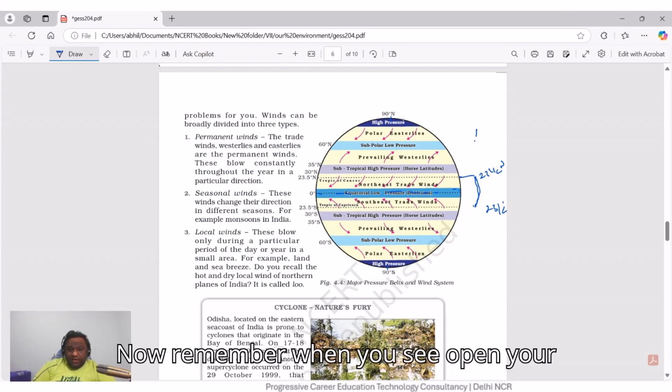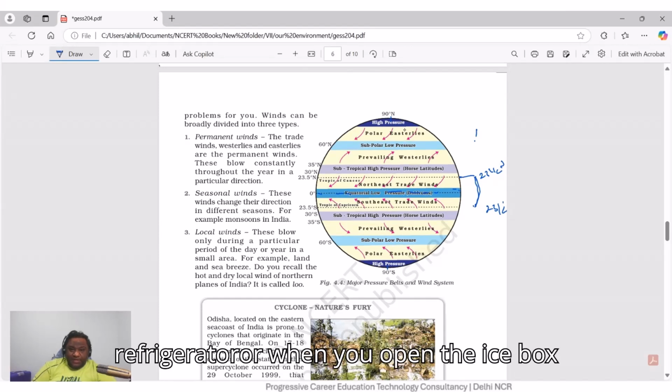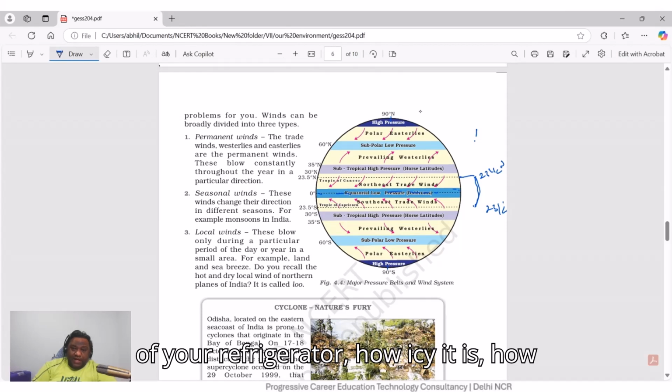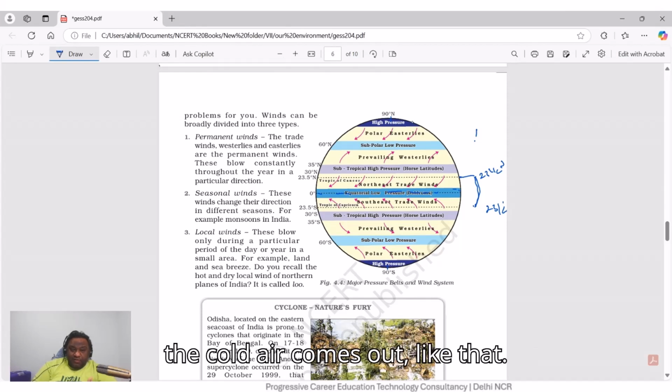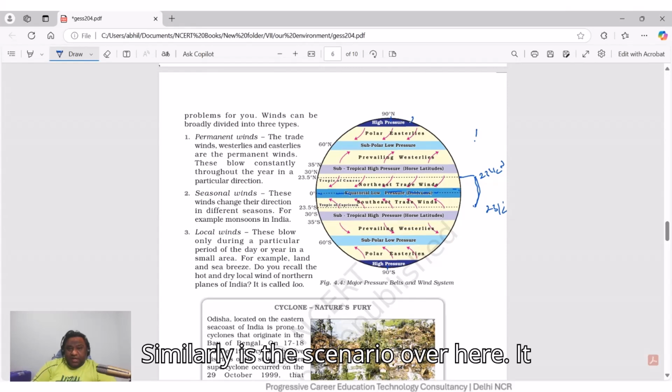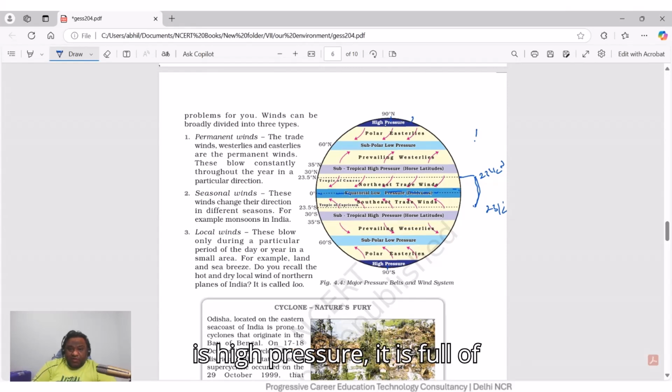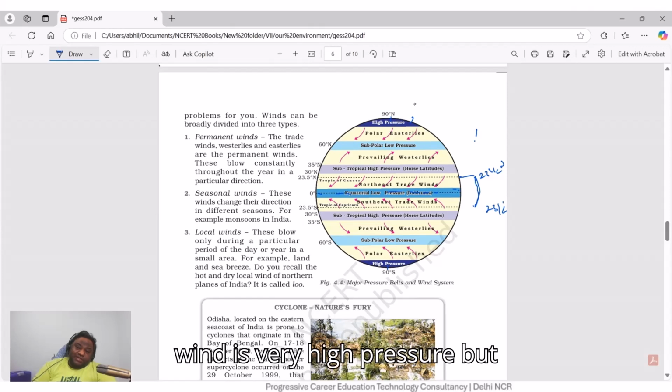Now remember, when you open the ice box of your refrigerator, how icy it is, how the cold air comes out. Similarly is the scenario over here. It is high pressure, it is full of ice, and the wind is high pressure but cold.